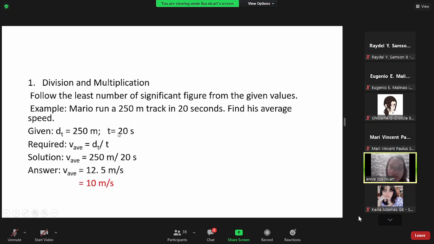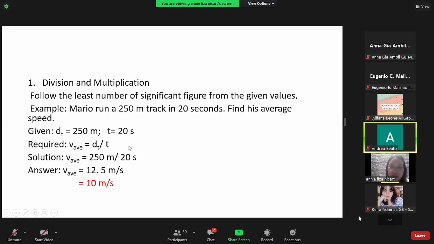What about the time? How many significant figures are in 20 seconds? 2? There is only 1. Again, the 0 here is a tail zero. The zeros in this problem are tail zeros. So unless they are indicated to be significant, they are not significant. Okay?